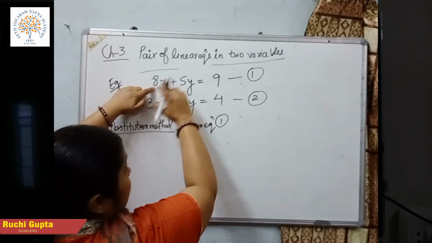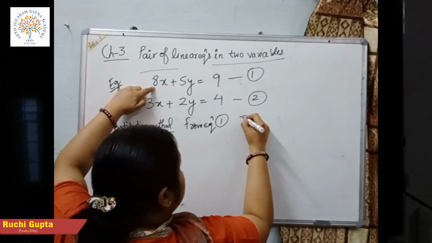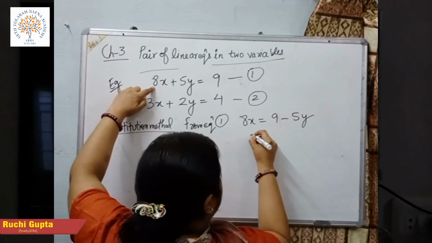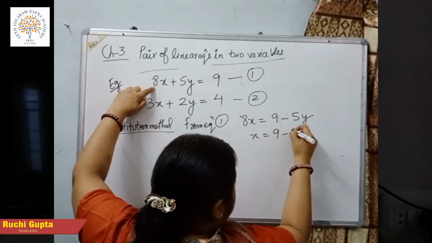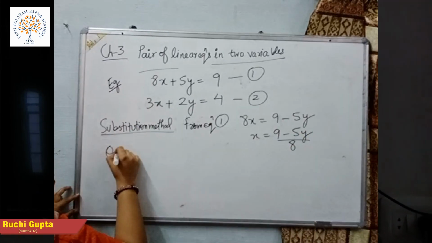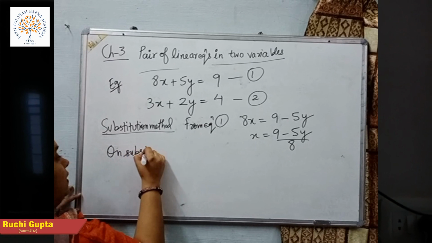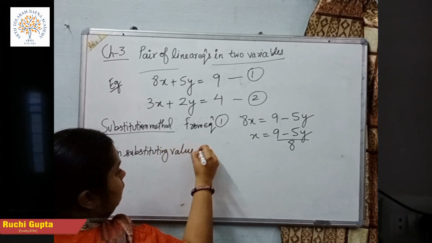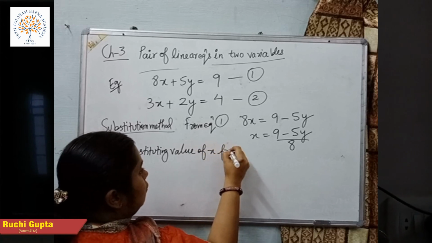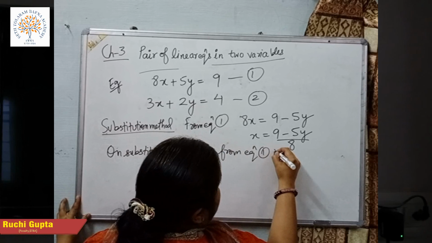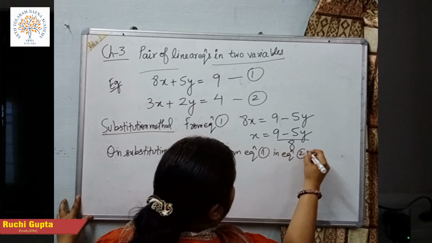So what is the value of x from the first equation? 8x is equal to 9 minus 5y. So x is (9 minus 5y) upon 8. So on substituting the value of x from equation 1 in equation 2.